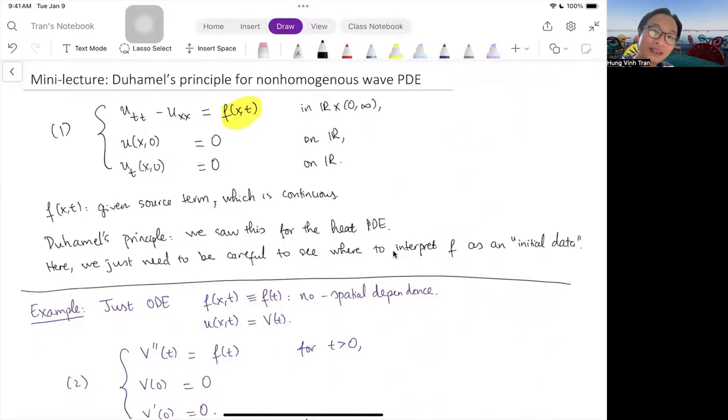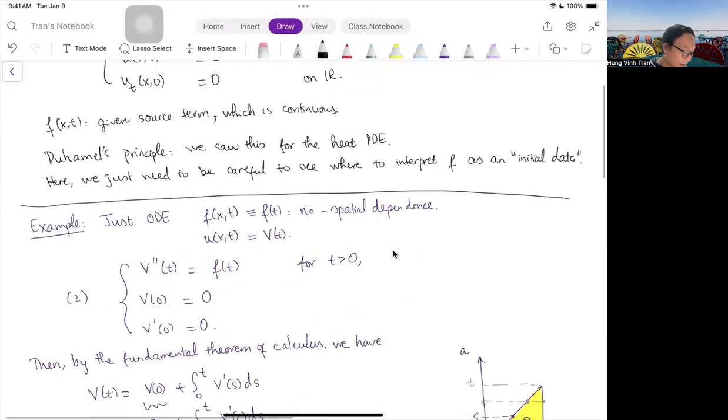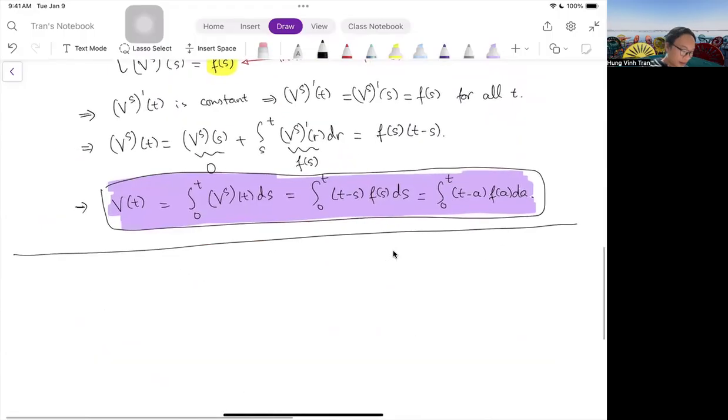Now I'm going to interpret f as the initial data for u_t. At each time, I'm going to solve that problem, and then I'm going to sum everything back to get the solution to this general wave equation. Okay, so now let's get ready.